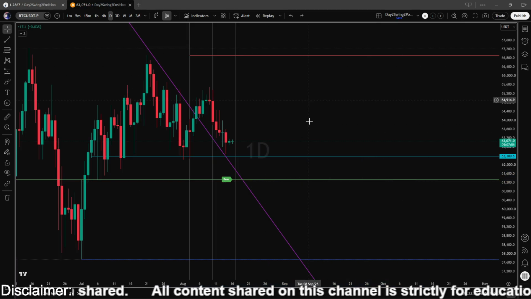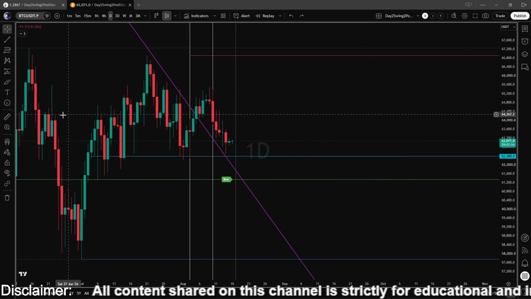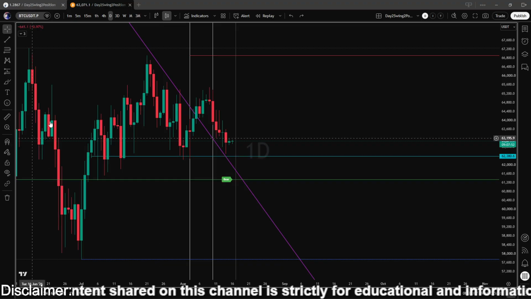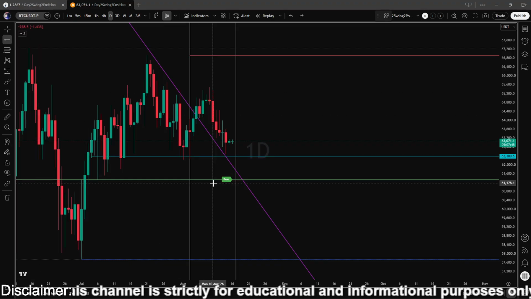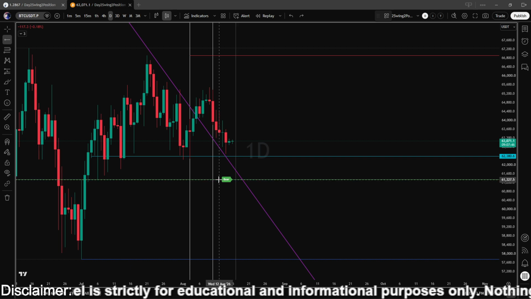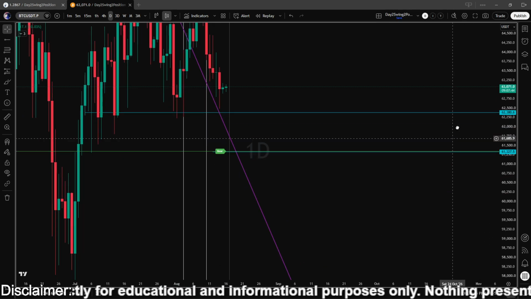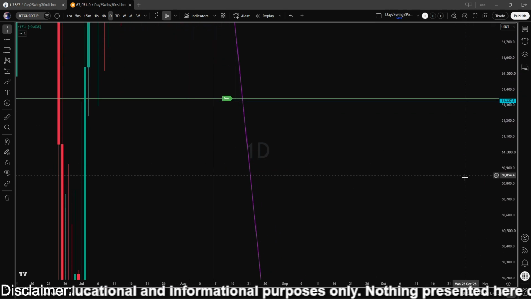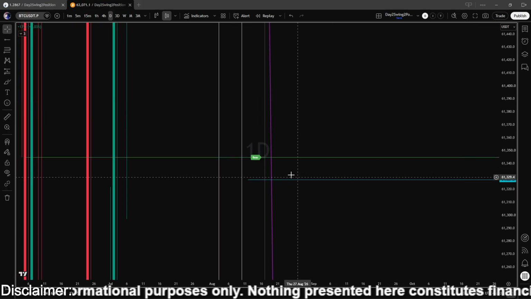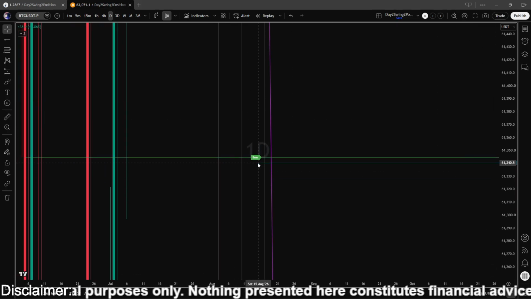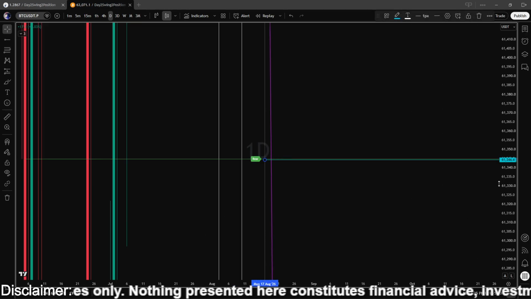Now let's do the analysis in the 4-hour time frame, lower than the daily time frame, and let me just add this level here. I want to be very accurate with these levels, because I don't want them to be different from what my indicator is pointing out.